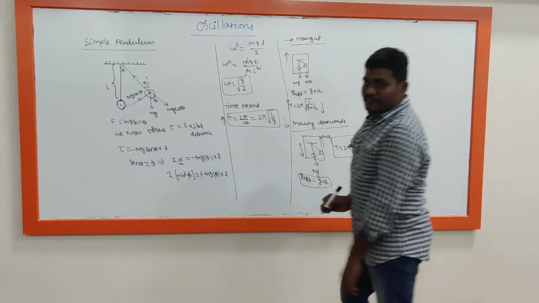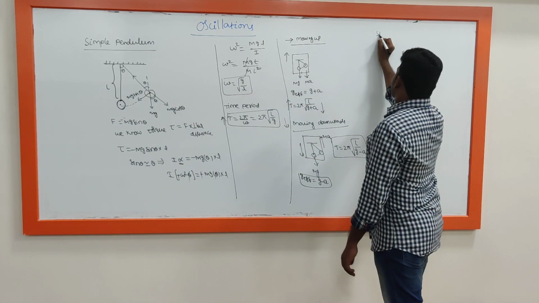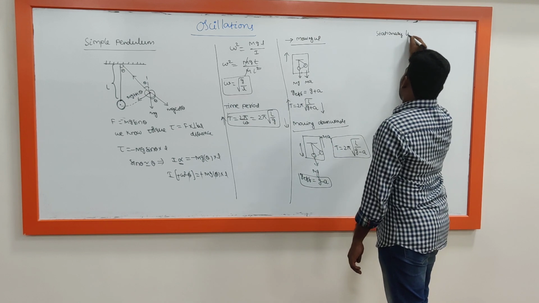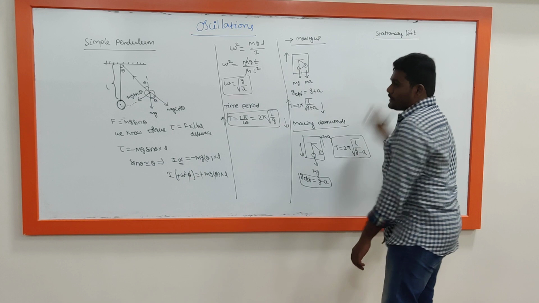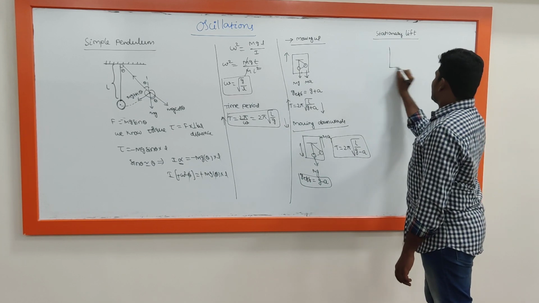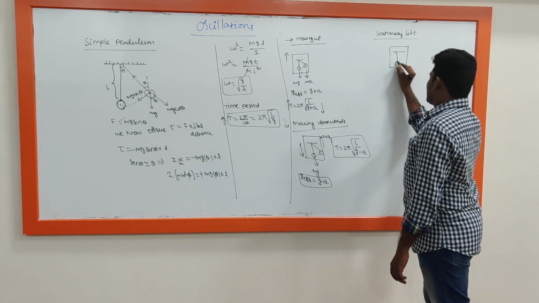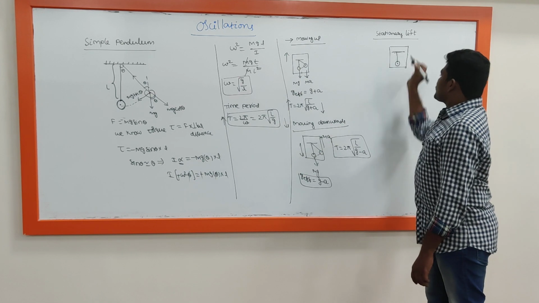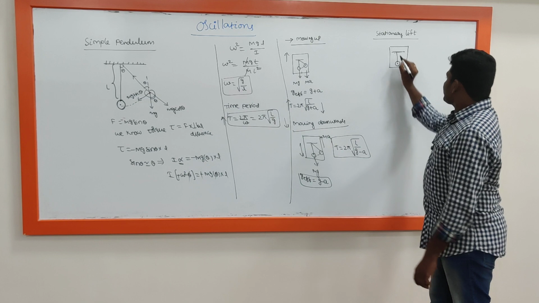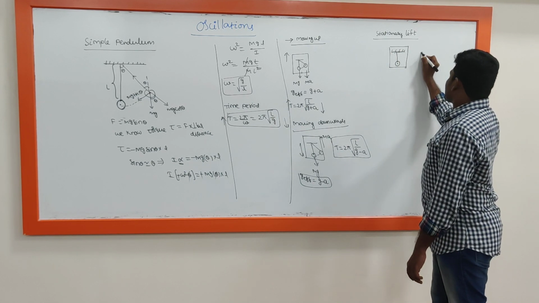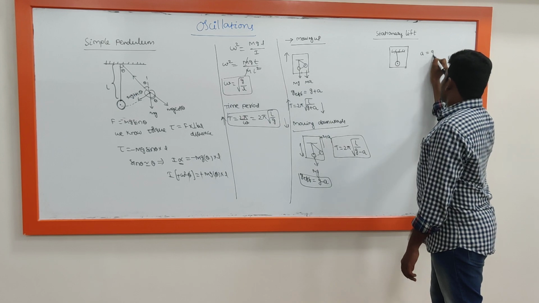Similarly, if it is a stationary lift, so lift is not moving, then you can take, it is like a freely falling body, so then acceleration will be equal to the g.